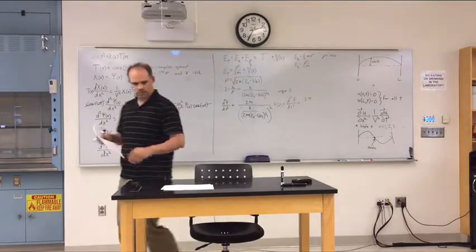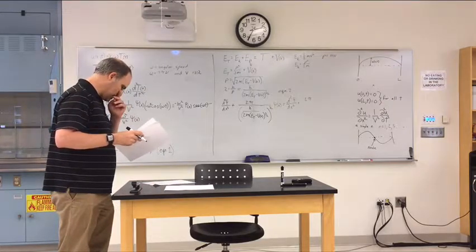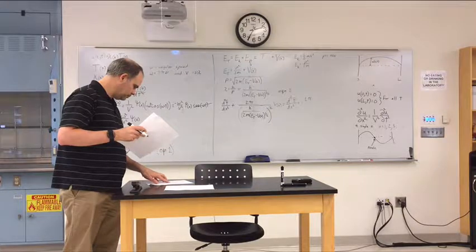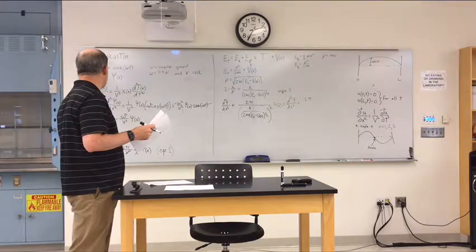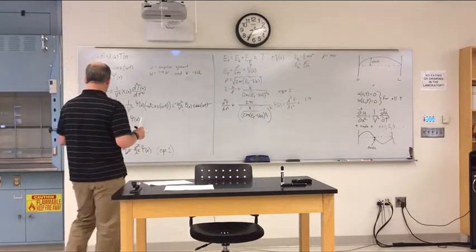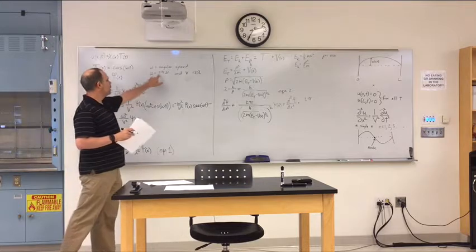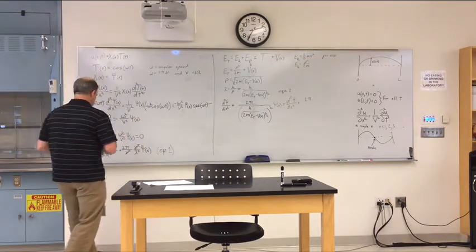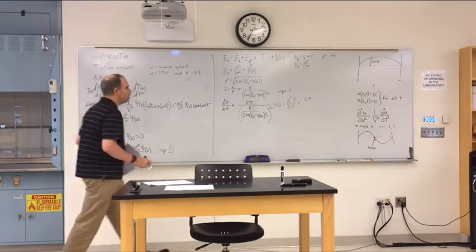I think I dropped squaring. Oh. Yeah, this was omega squared here. Omega is 2 pi v, so I forgot to square the 2 and the pi. So 2 squared, pi squared.